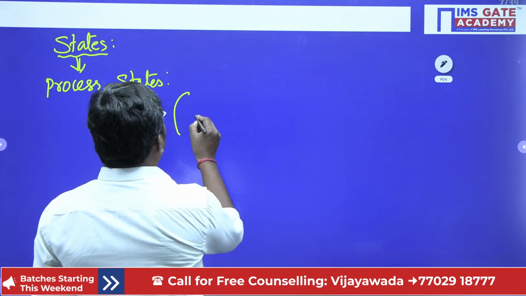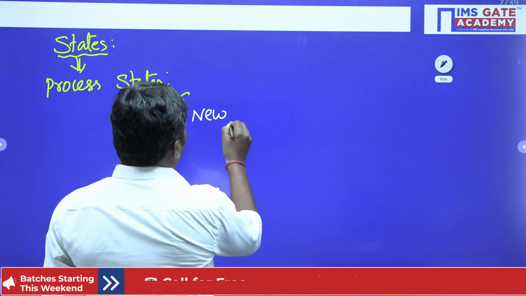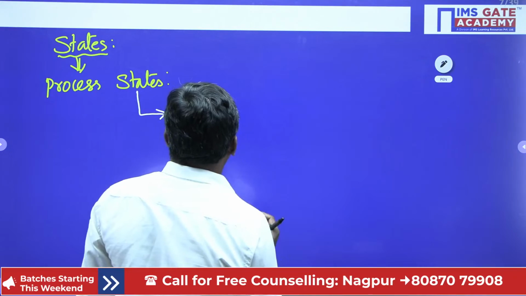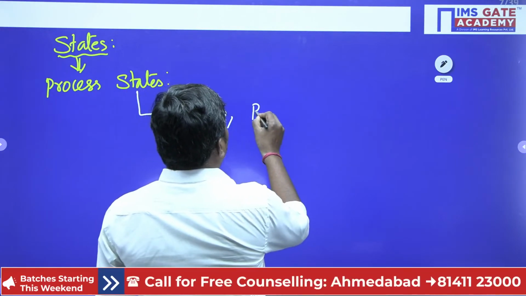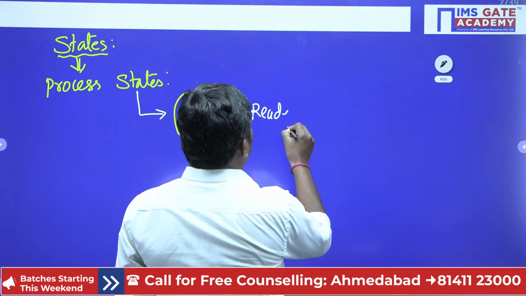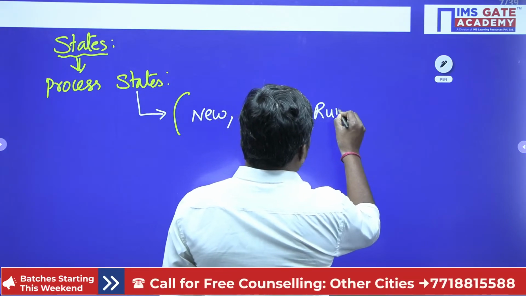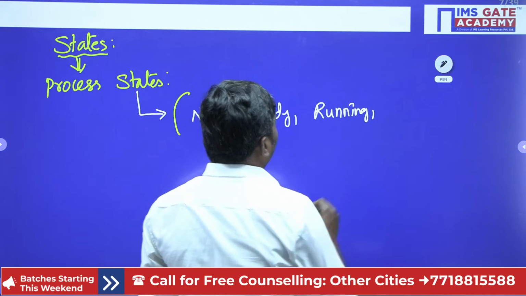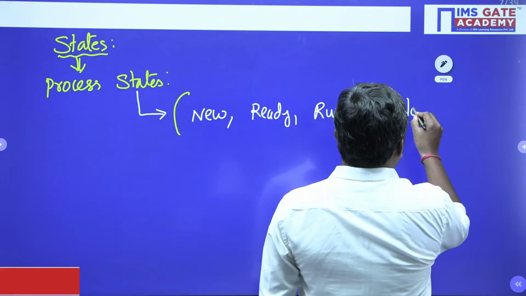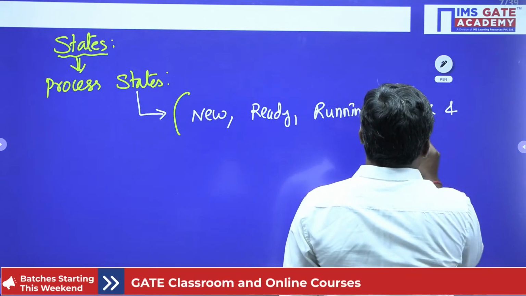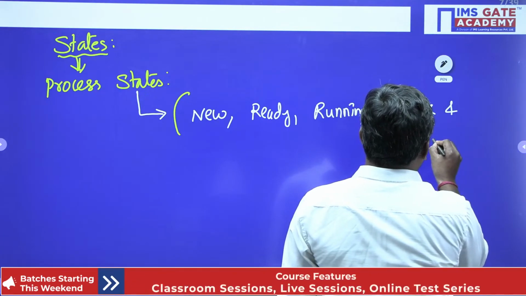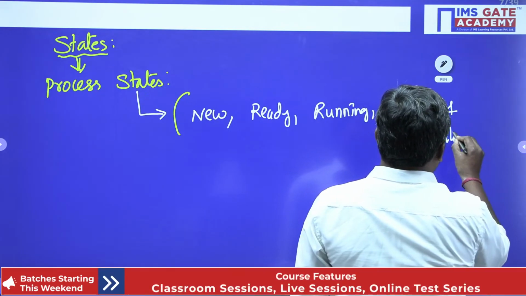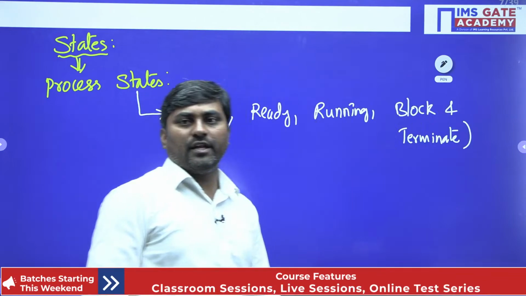The state can be new, ready, running, block, and terminate. So these are the various states.